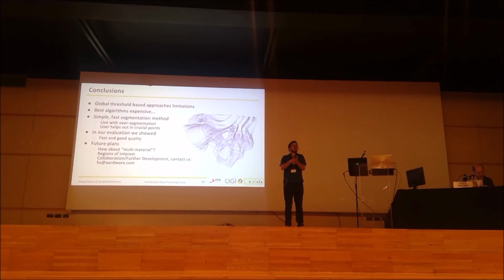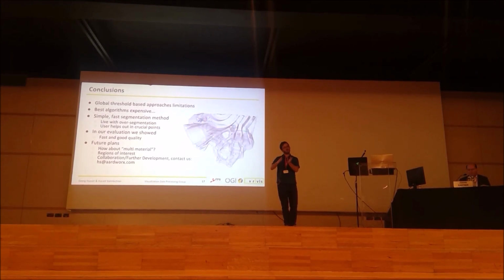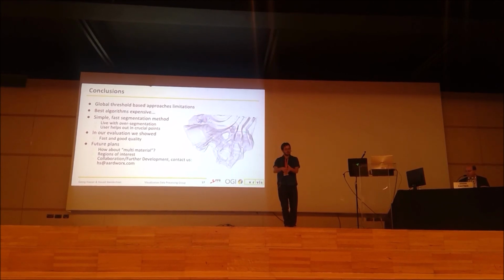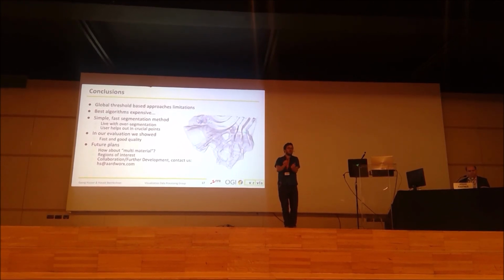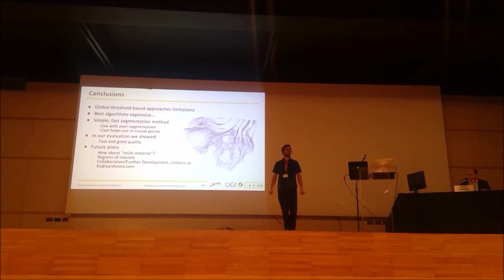We typically do no blurring of the input CT, so we work with the plain data. With no smoothing involved, we can find rather small pores. But still, at the lowest resolution, like one voxel, we can't speak about pores, of course. But it works really well for small pores because we work with the complete resolution.